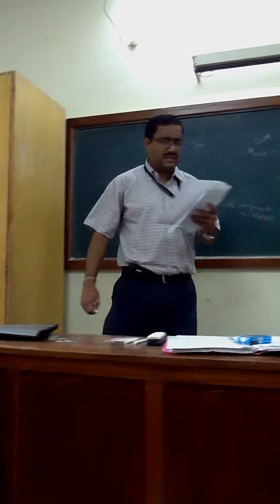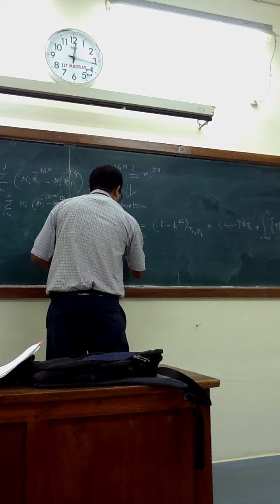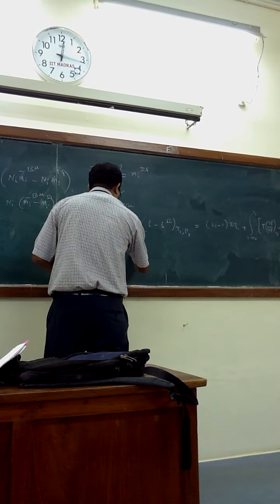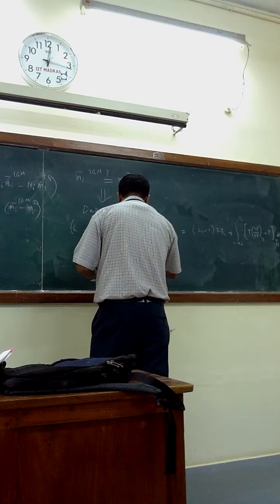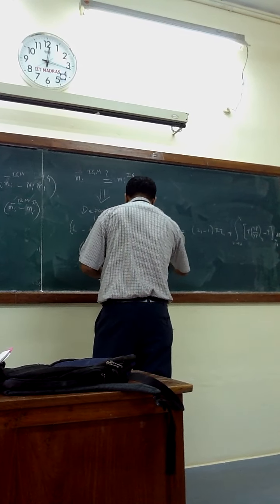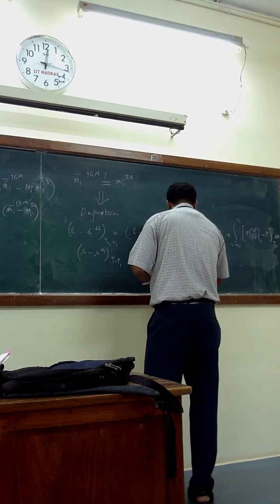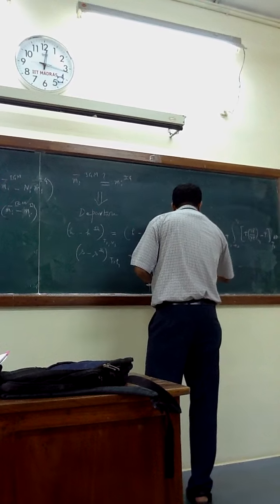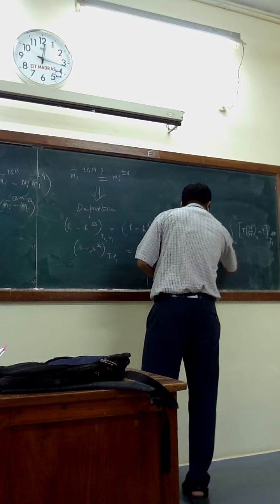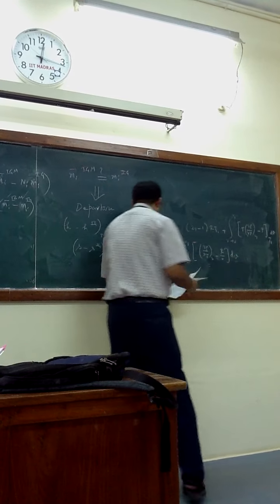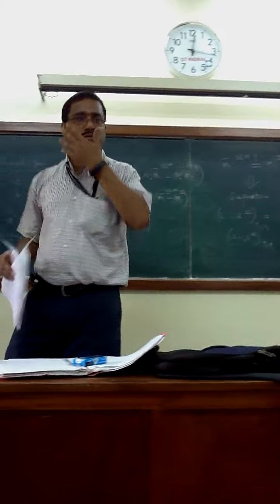If you know the Tp formula, you can always write the Tv formula, because one extra term will be there for T1 P1 which will not be there for the Tp. And then mod of Z1 integral from V tending to infinity to V1 of dou T at fixed V minus R by V, and this term will not be there for the TV plane. That's what we have done already.